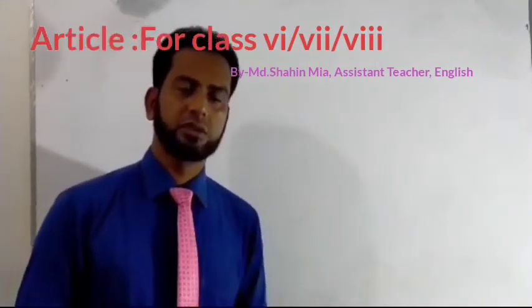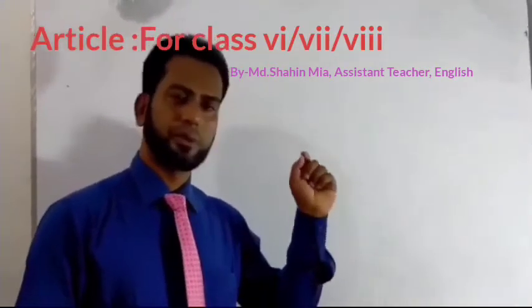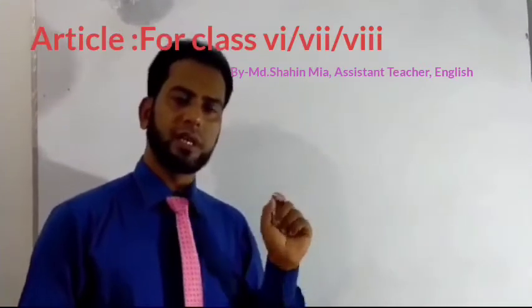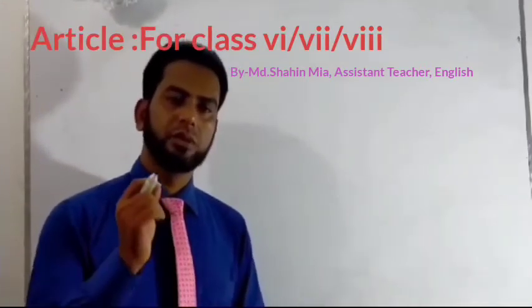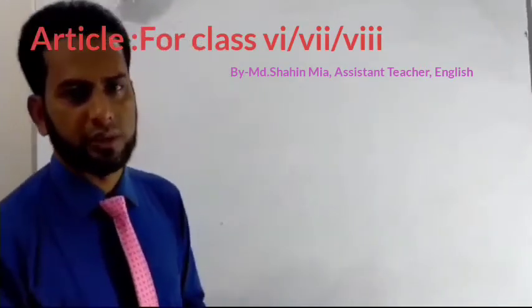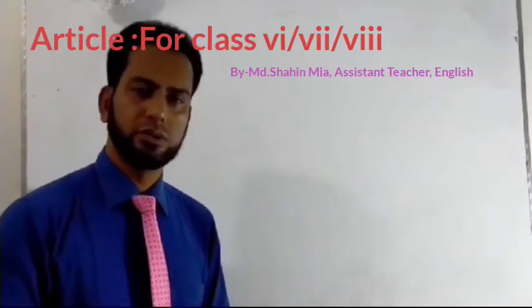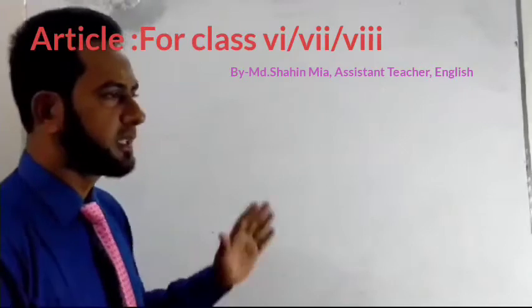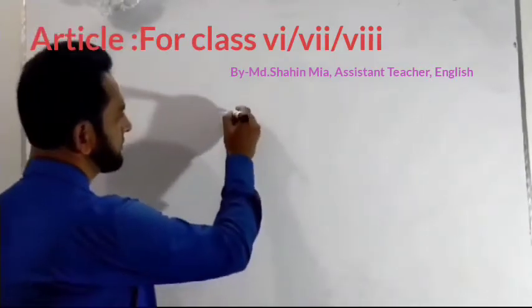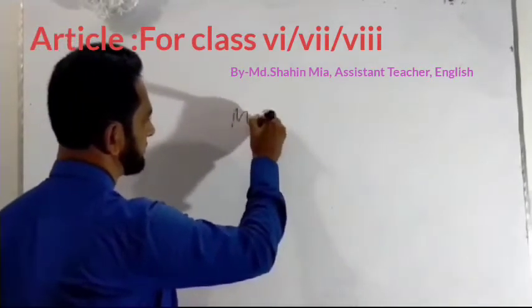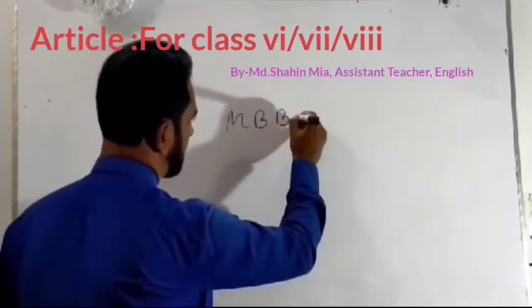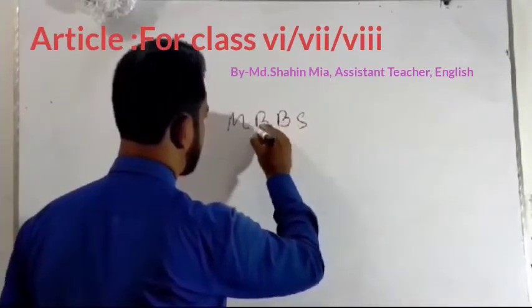Before an abbreviation, if the abbreviation is pronounced with a vowel sound, according to the vowel sound, we must use article an. Example, MBBS.